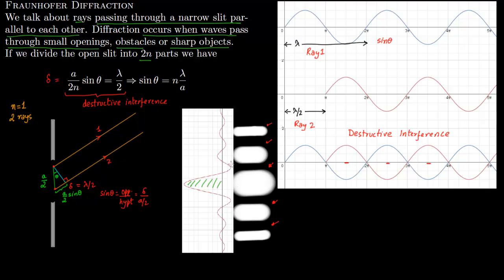There is light intensity here, then a dark patch right here, then again light here, then a dark patch here, then light again. Similarly below, with destructive interference there is a dark patch here, a light here, a dark patch here, and a light here. So this is how you have diffraction.